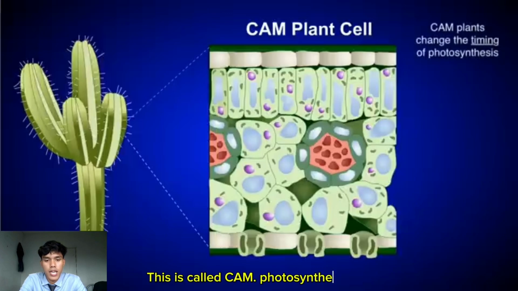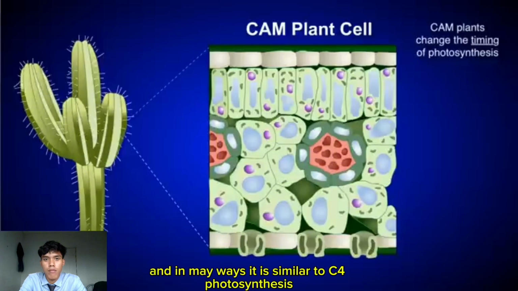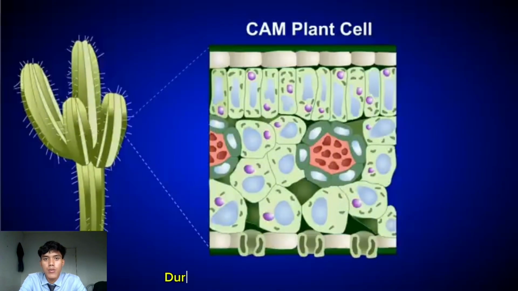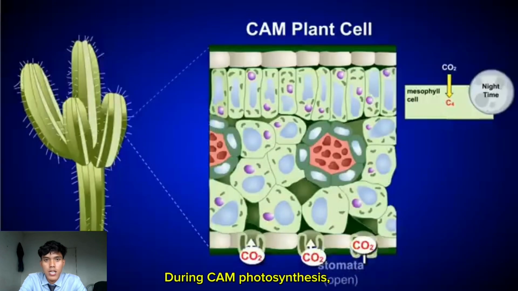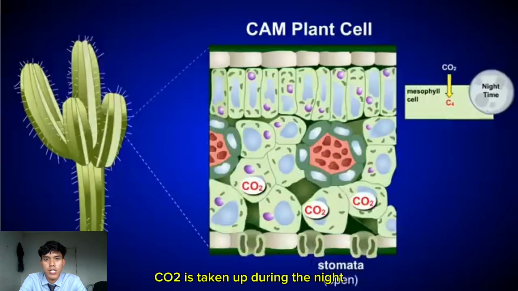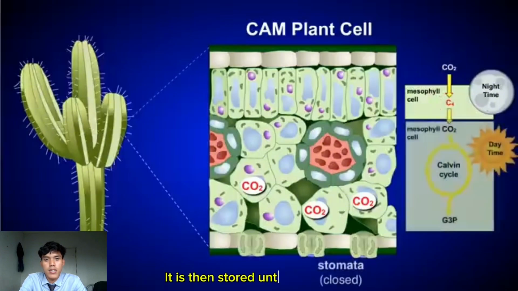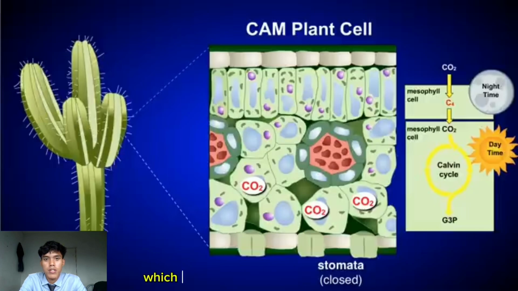This is called CAM photosynthesis, and in many ways is similar to C4 photosynthesis, except the timing of the process changes. During CAM photosynthesis, CO2 is taken up during the night when the stomata are open and is fixed into 4-carbon molecules. It is then stored until daylight as malate molecules, which give the CAM cycle its name.